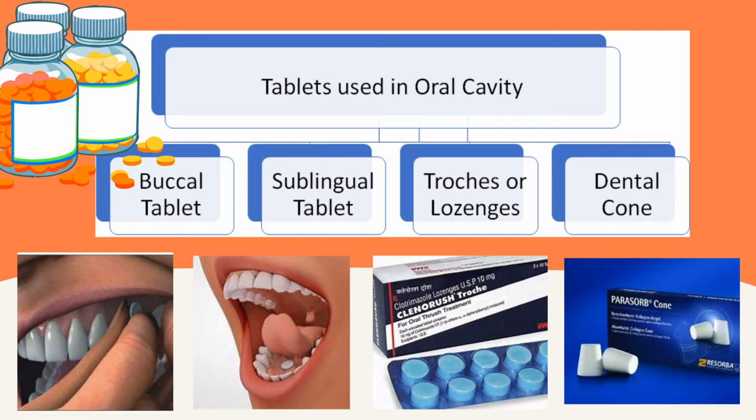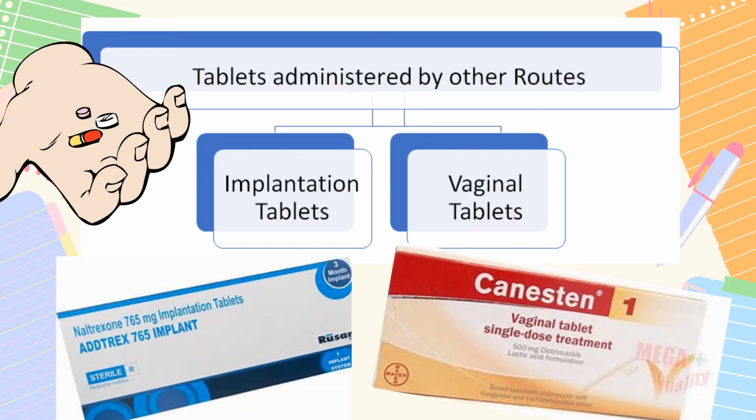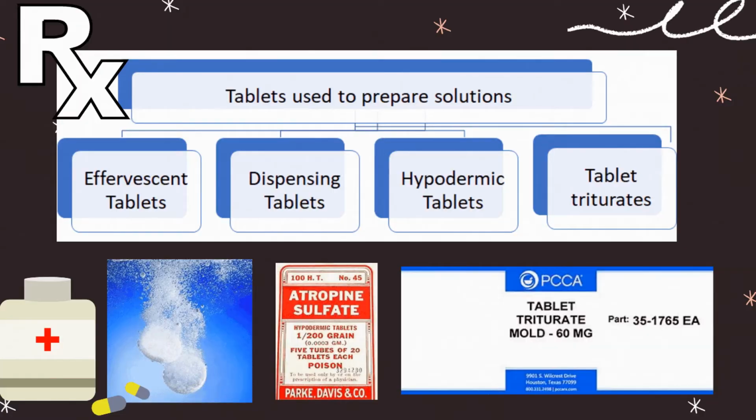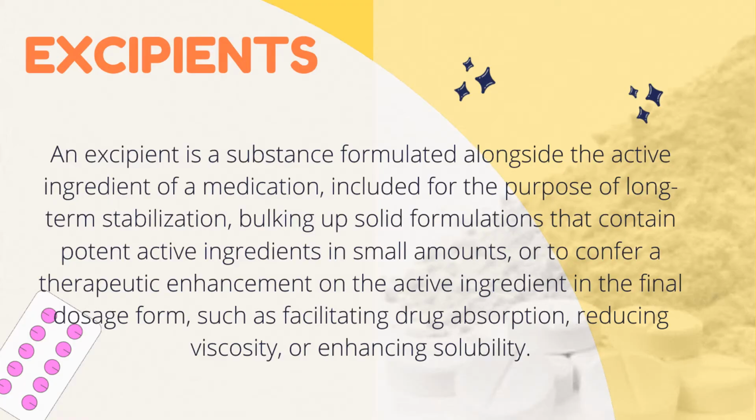There are tablets meant specifically for the oral cavity, for example buccal tablets, sublingual tablets, troches or lozenges, dental cones. Then there are other tablets which need to be implanted, like vaginal tablets and implantation tablets. Then there are tablets used to prepare solutions, for example effervescent tablets, dispensing tablets, hypodermic tablets, tablet triturates.